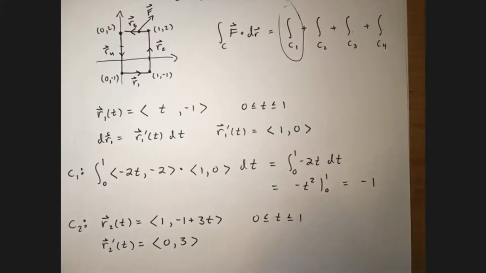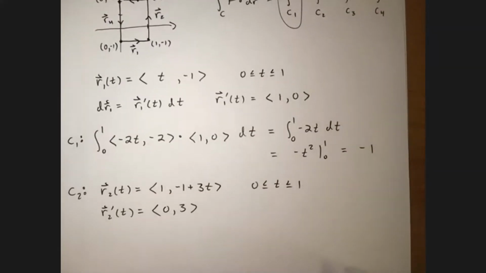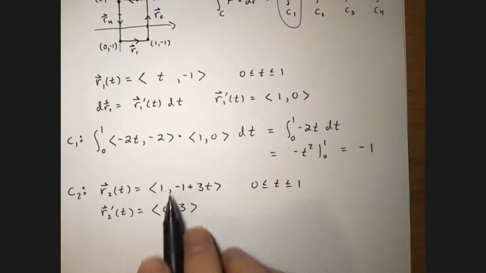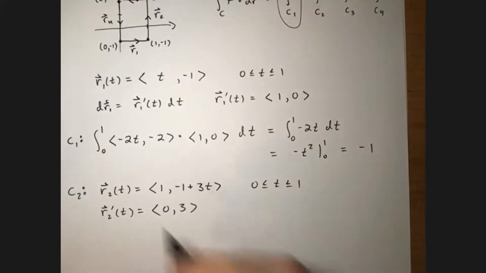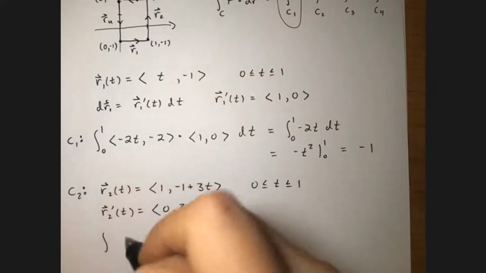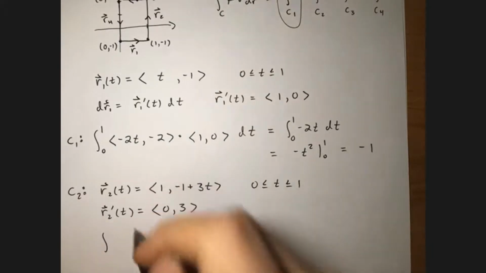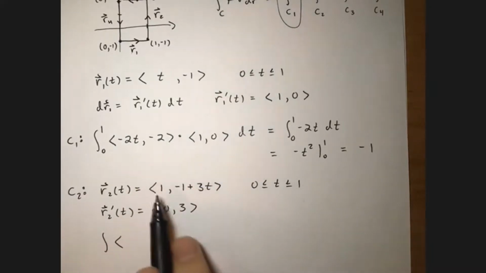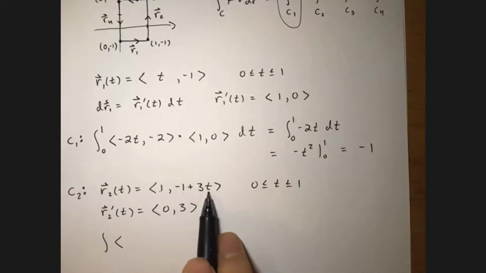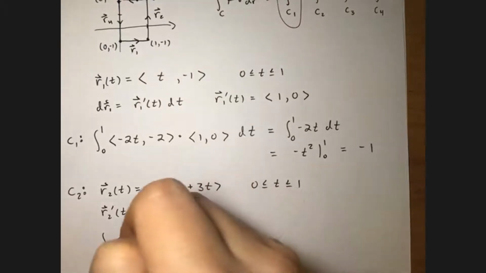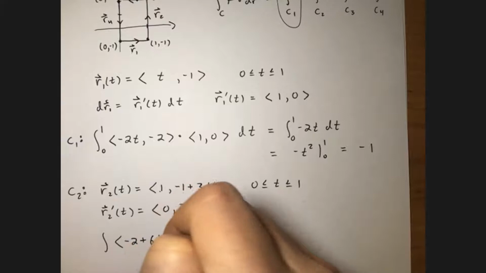So now I can plug this stuff in, right? So I'm going to plug these things into my function, okay? So my vector field was 2xy was the first component. So I have to take 2 times this times this. So that's going to be -2 plus 6t.